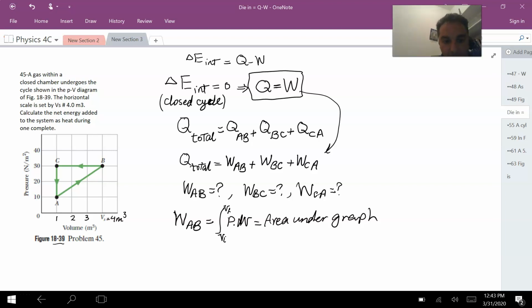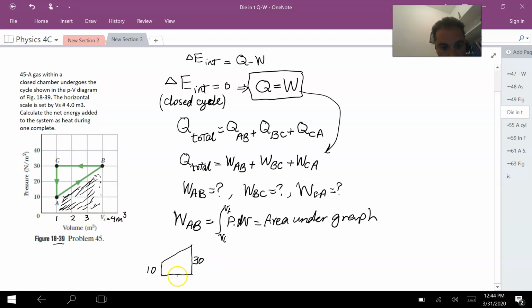So for area under the graph, look guys, the area under the graph will be this for the path of AB, correct? This is 10 Pascal. This is 1, 2, 3, 30 Pascal, correct? And this is 3, because 1, 2, 3, it's volume, yes. So I can find the area under the graph.